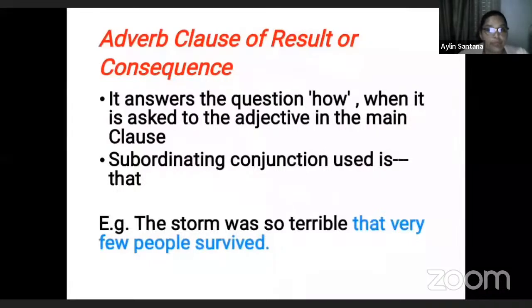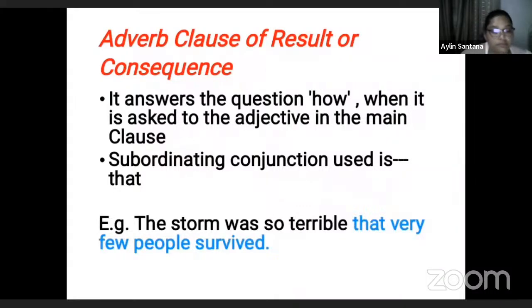But now, when we are learning about the adverb clause of result or consequence, we are asking the question how to the main clause adjective. You need to ask the question to the main clause adjective with how, and then the answer you get is your adverb clause of result or consequence.